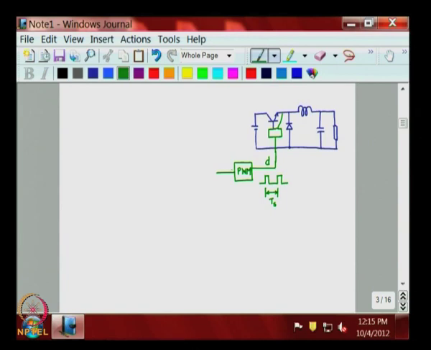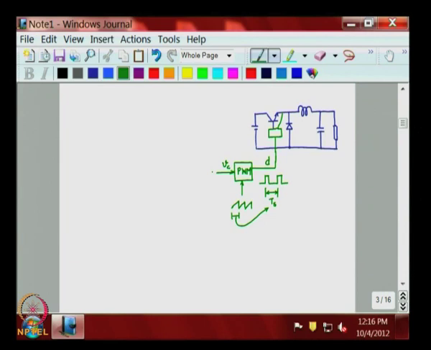Now, to the PWM are two inputs. One is a carrier, triangle or sawtooth carrier, which basically keeps the reference for the period, and the other input is the control voltage, which basically modulates this carrier to give the duty cycle, as we discussed in the earlier class.